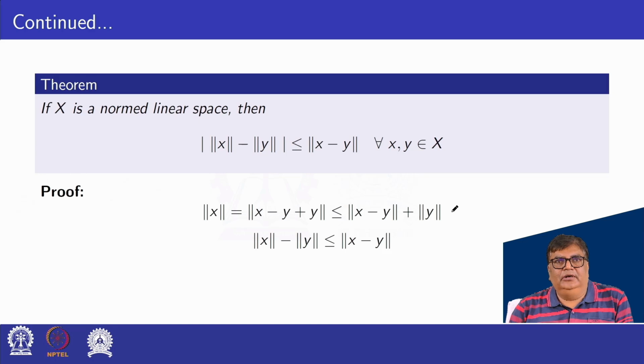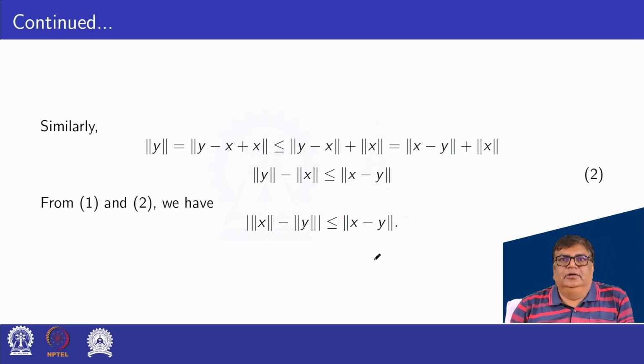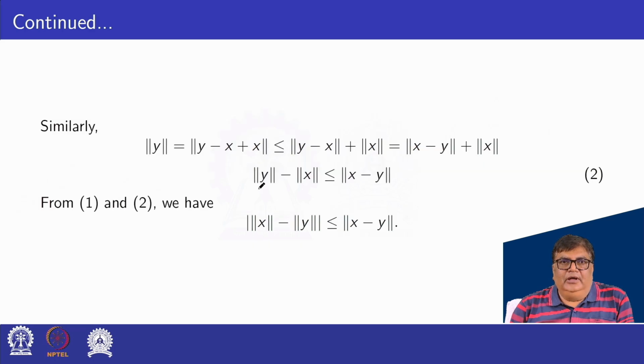From 1 and 2, in 1 we have norm x minus norm y, and in equation 2, norm y minus norm x. It means we can write modulus of norm x minus norm y less than or equal to norm x minus y.